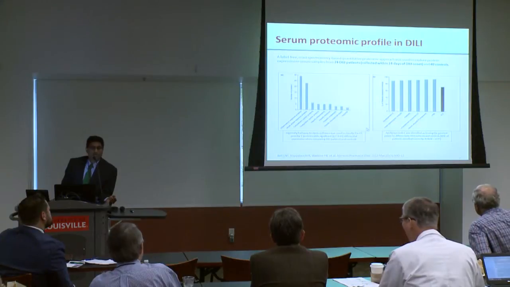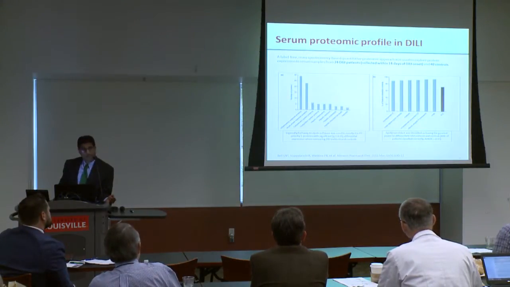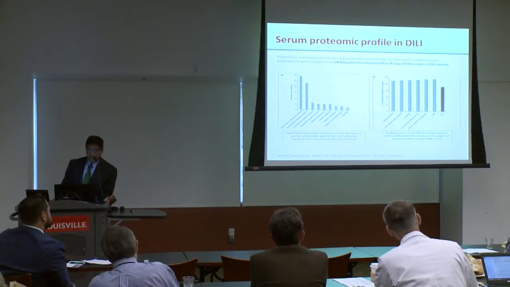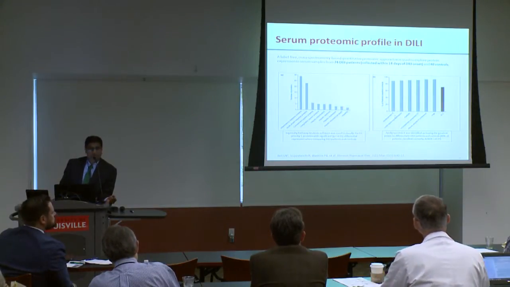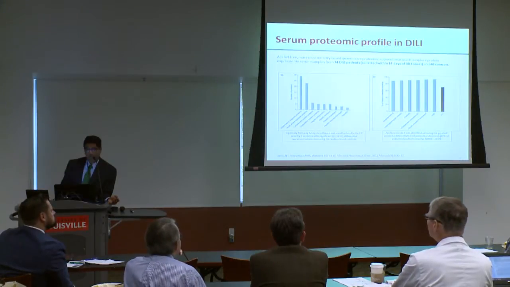We then looked at which protein would help us recognize drug-induced liver injury from controls. And ApoE is the protein that popped up with around 87% diagnostic accuracy when trying to recognize a case of DILI from controls. And this is the ALT, which is around 73%.